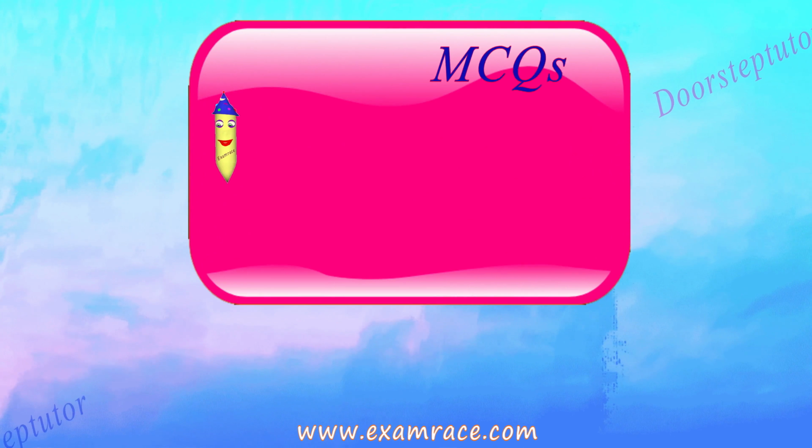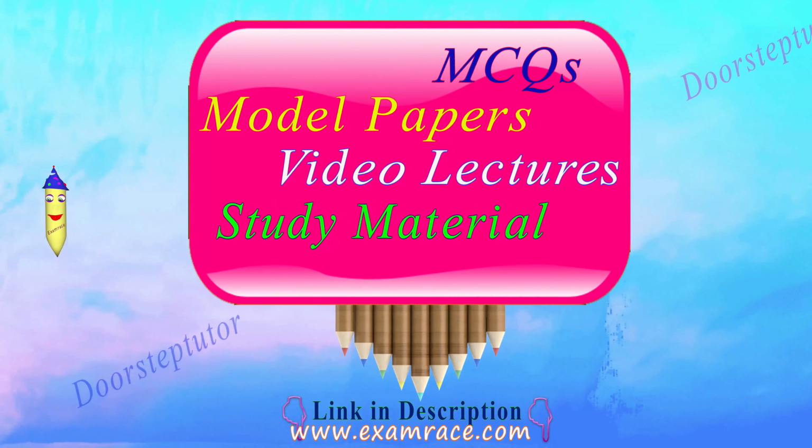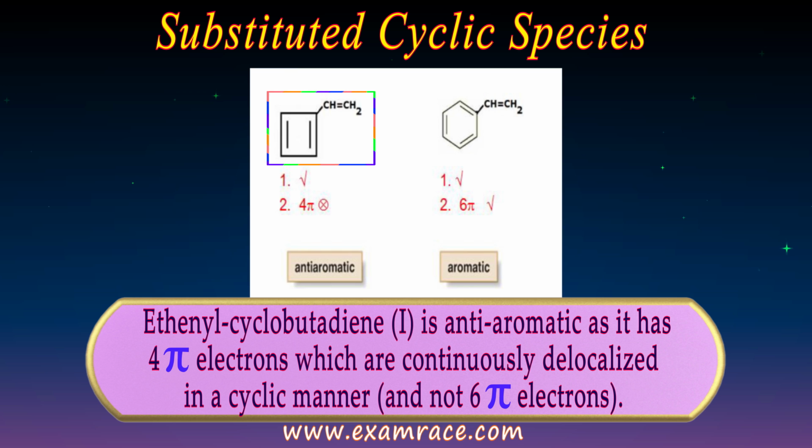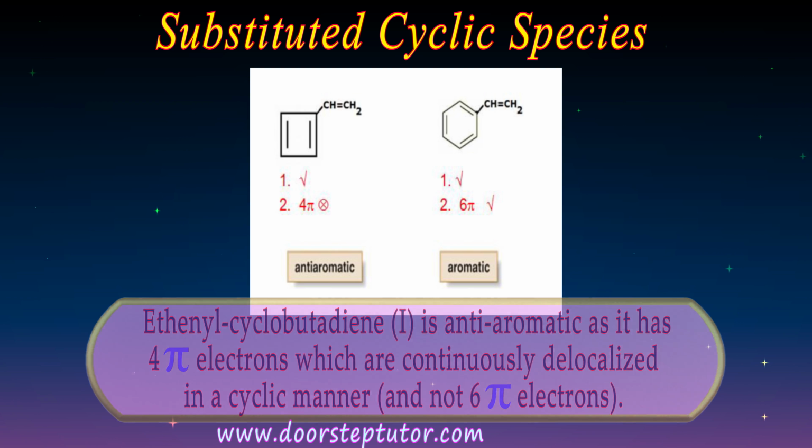If you see the aromaticity of this compound, the first condition is fulfilled, that is, this compound is cyclic, planar, and has conjugated double bonds. But it does not have 4n plus 2 pi electrons. So it is not fulfilling the Huckel rule, so it is anti-aromatic.